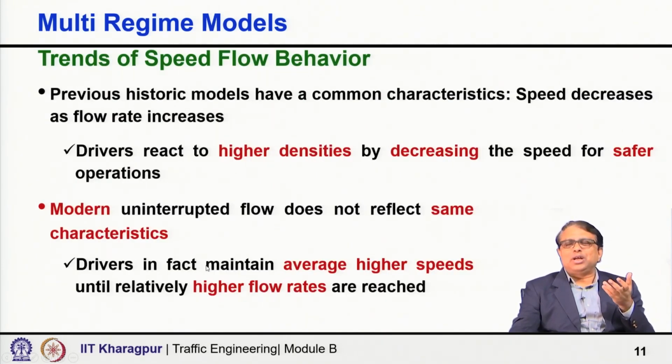With this background, I would like to make a conclusion: please understand that how the behavior happens, how the density and speed will be related, depends on several factors: roadway, traffic, control conditions, whether it is a freeway, a major national or state highway, or a major arterial.